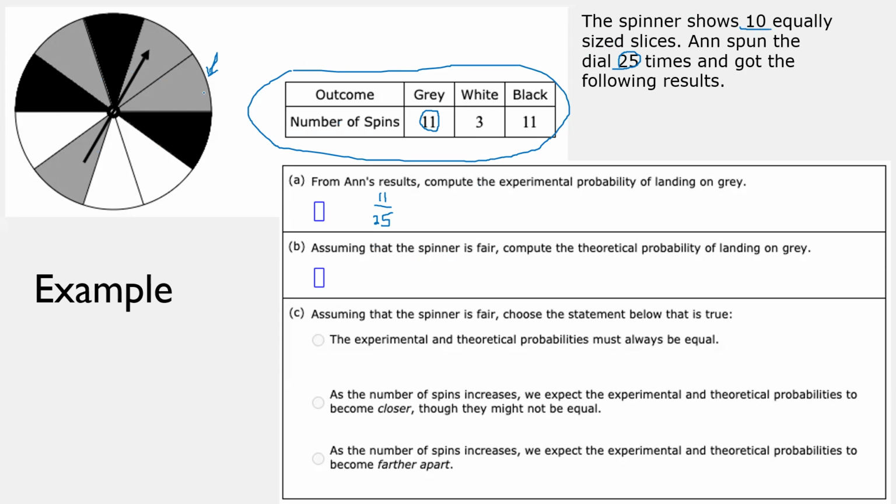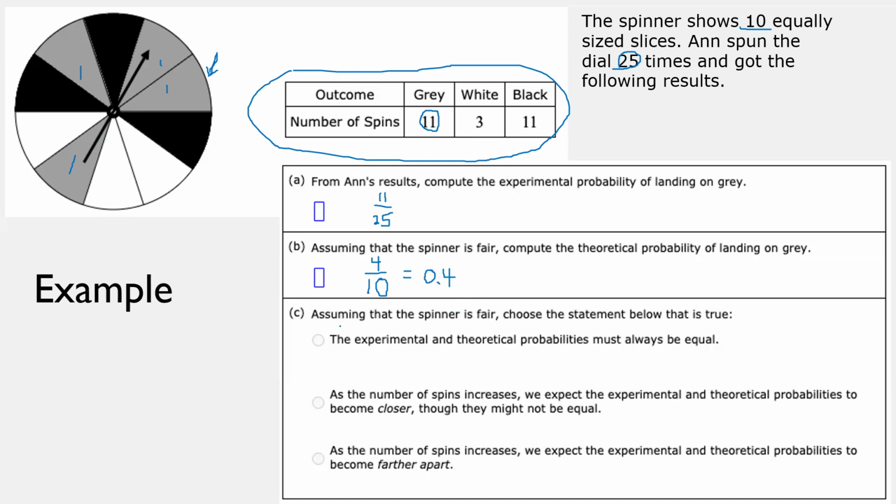So I take these 4 and I say, well, that's 4/10. And if I had to convert this to a decimal, this one I can do, because 4/10 is 0.4.